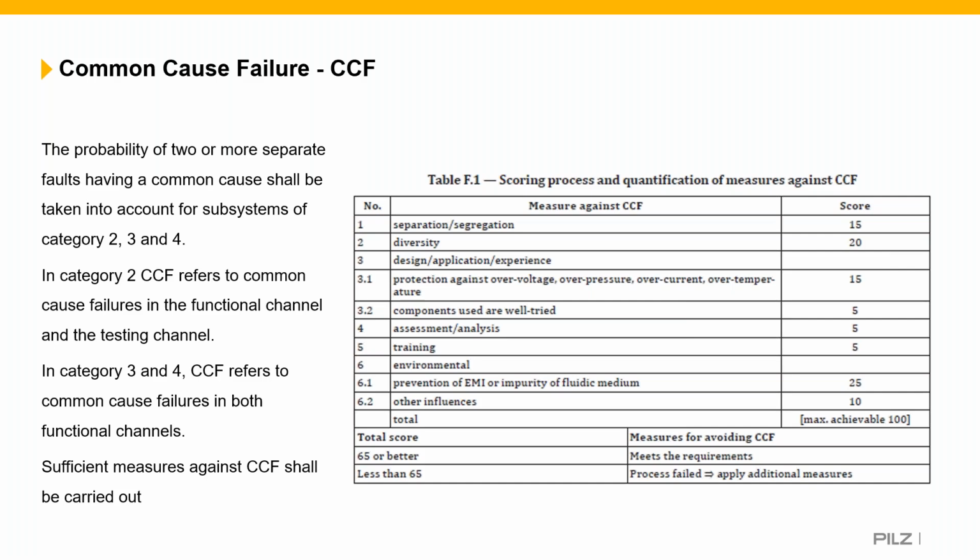There are environmental considerations. Are the components or the systems being used suitable for the environment that they're being installed in? So you've got to go through all these, and you would need to achieve a score of 65 or better to be able to meet the requirements for common cause failure.